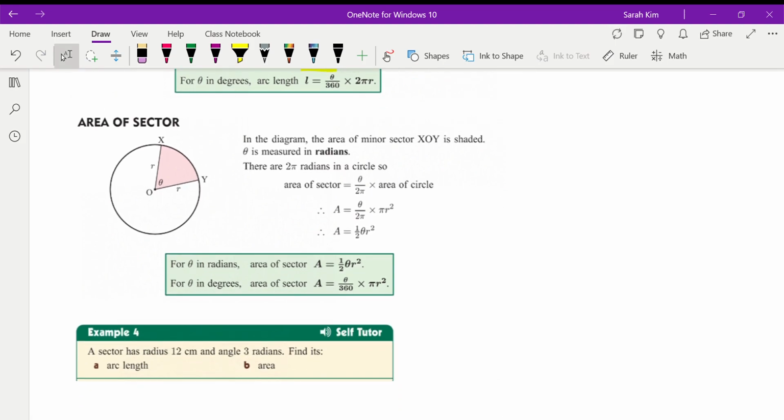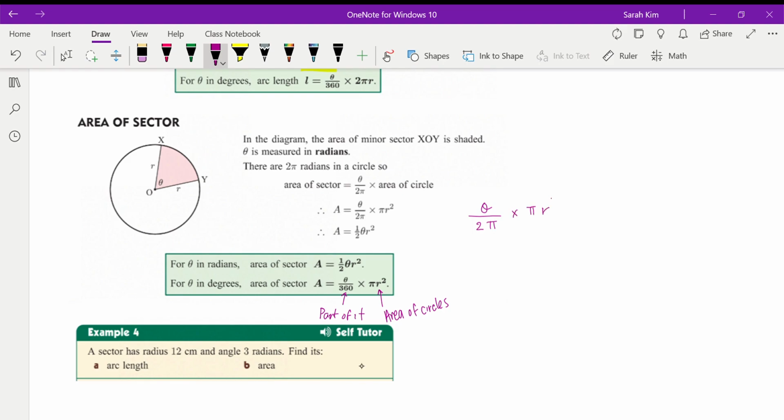Similarly for sectors, you know that it's a proportion of the area of a circle. So that's the area of the circle, and then this is just a part of it. Okay, if I want to change that to radians, all I have to do is change the 360 degrees to 2 pi again.